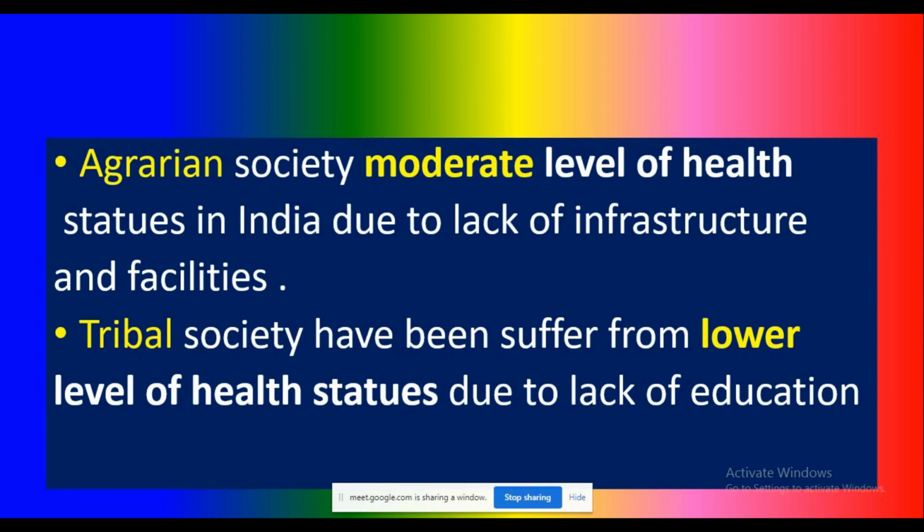There is no school, there are no hospitals. People live with superstitious belief and unstandardized culture, which causes lower health status. Infant mortality is very, very high, maternal mortality is as well. So these are the health matters regarding societies. So industrial societies have higher health, tribal lower.